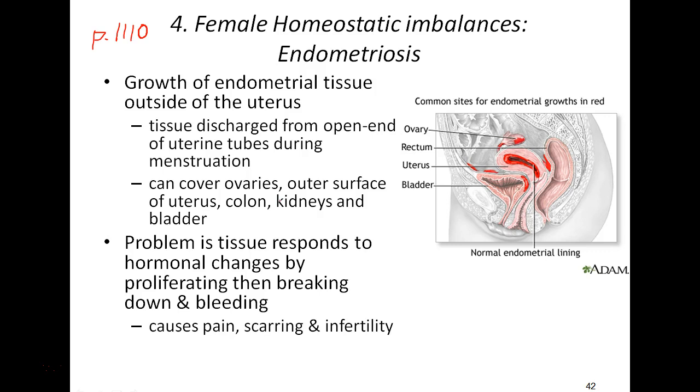So in other words, tissue becomes discharged from the open end of the uterine tubes during menstruation. This could be a result of retrograde menstruation, and that's going to allow some of that menstruation to escape into the abdominopelvic cavity. This is going to cause pain and scarring and possible infertility. There can be a hormonal influence that causes this endometriosis.